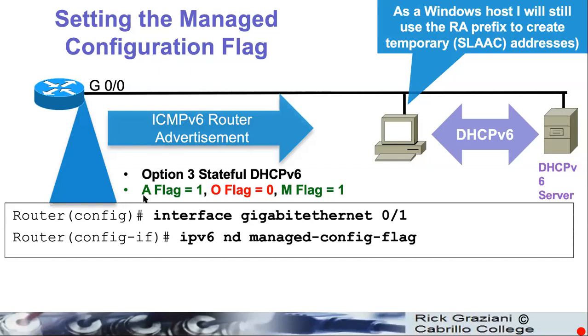So with the A flag set to 1, it will create its own address using SLAAC, and then we'll have another address that it received from the DHCPv6 server. Okay, that's usually not what we want when we want to use stateful DHCPv6.